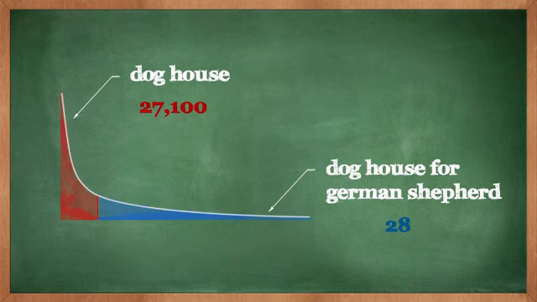That's pretty small. But just intuitively, we can look at the fact that the red side of the curve equals the blue side of the curve, and we can see why this information is valuable to us if we sold dog houses or had a pet supply store.